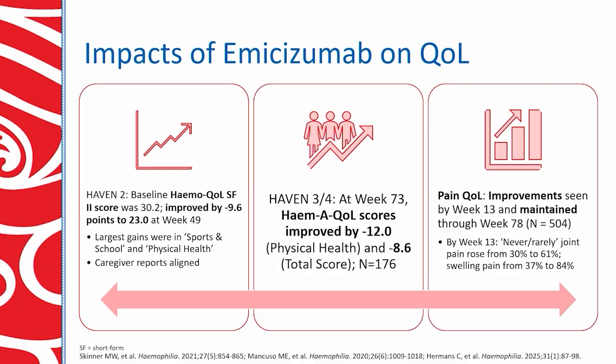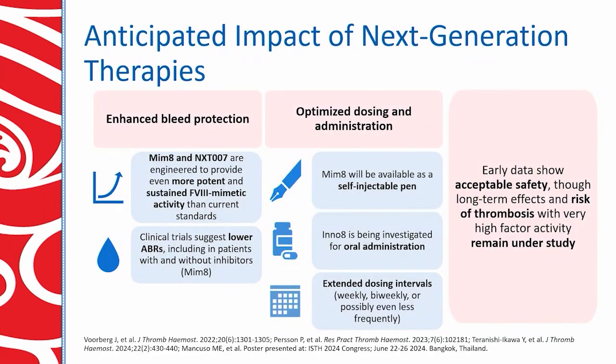The improvements are maintained, and one domain where you see a quick improvement is pain. With every optimization of therapy, we see a quick response in the pain domain. Pain is decreasing.